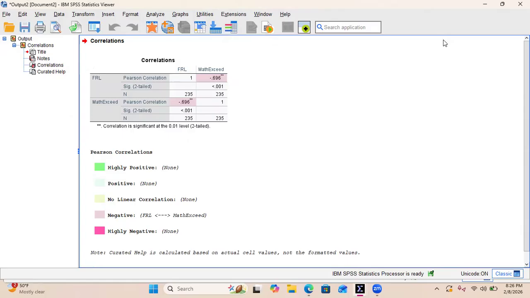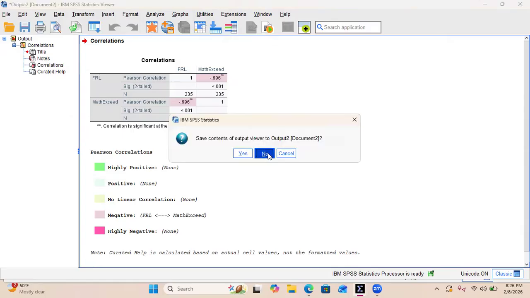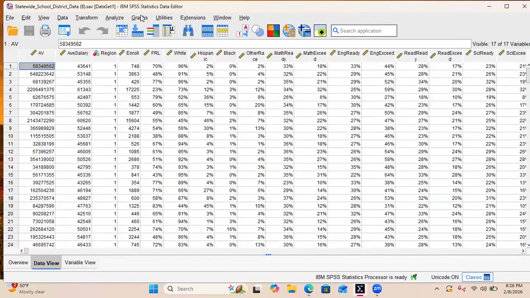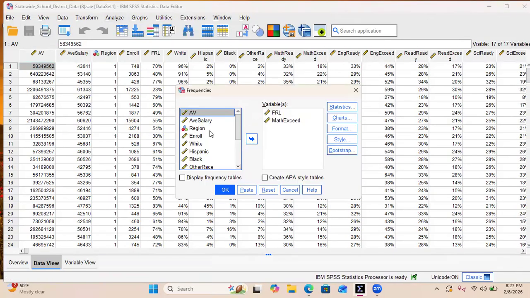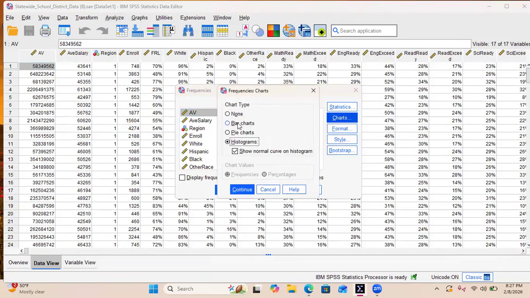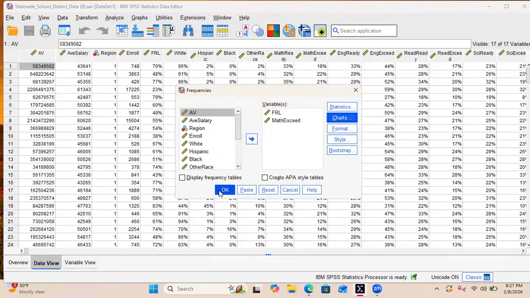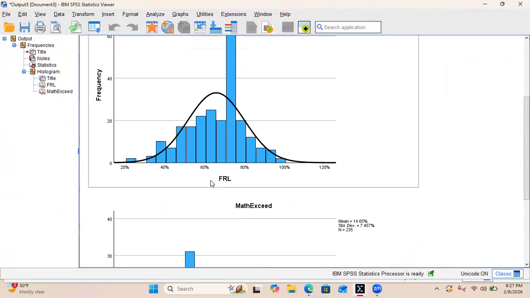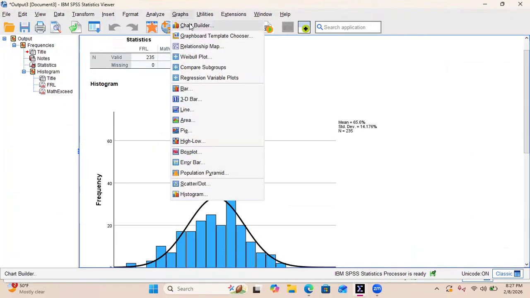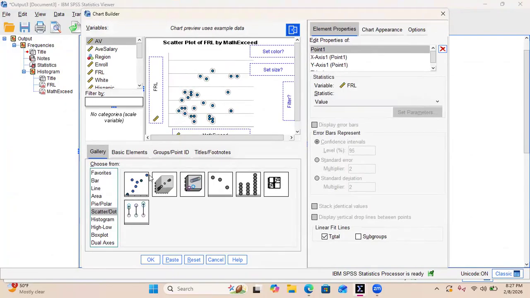So again, if we go back and we look at those graphs, go back to Analyze, Descriptive Statistics, Frequencies. Those are pulled over. We should have our charts ready to go. Okay. I wonder if it kept, oh, it did not keep my linearity.